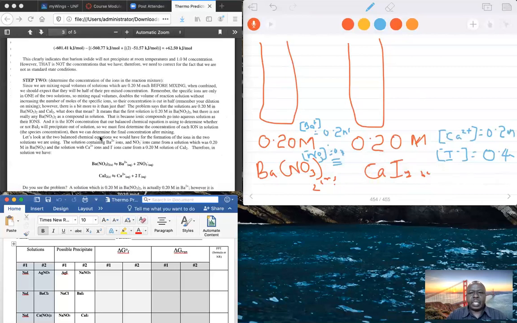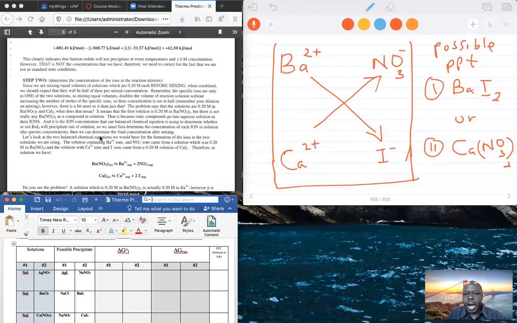Now, after mixing the two, as in the diagram, I have put everything in one container. The concentration of each ion will now be a half of what you started with. So this is 0.1 molar.